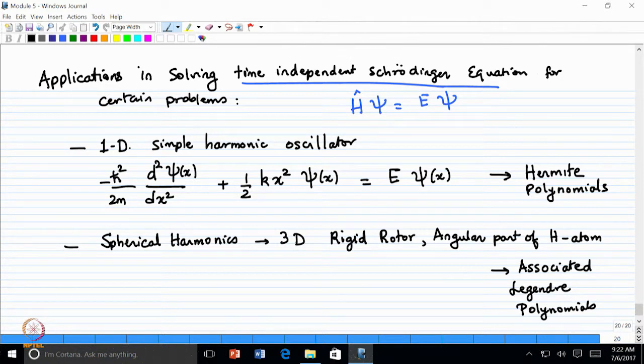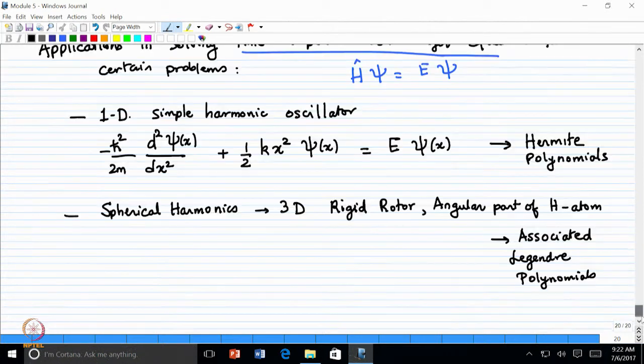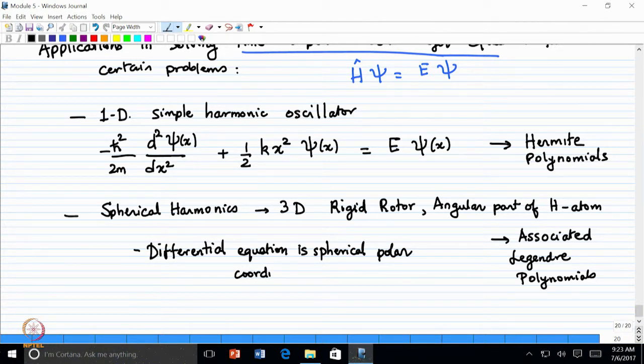I will not write the differential equation for this, but we will see it when you actually apply it. This is usually written in terms of spherical polar coordinates, so I will just emphasize that you have a differential equation in spherical polar coordinates.